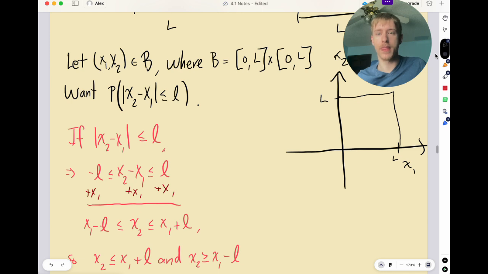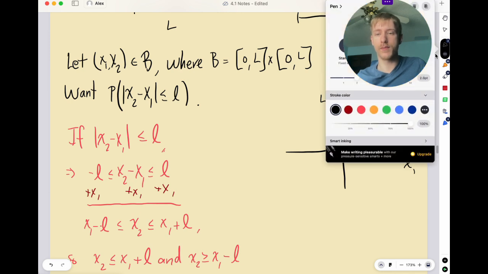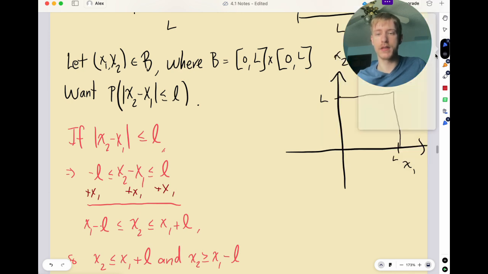Maybe I'll do this in a lowercase blue. That graph is going to have a y-intercept of lowercase l, which I'm just going to plot right here. This is lowercase l. And likewise, we're going to need that over here, so I'm going to plot that as lowercase l. Same distance away, right?